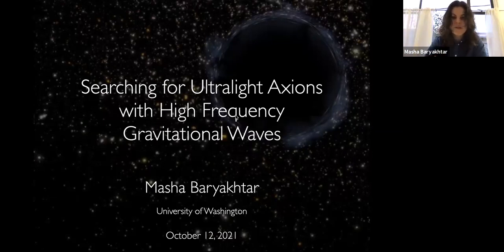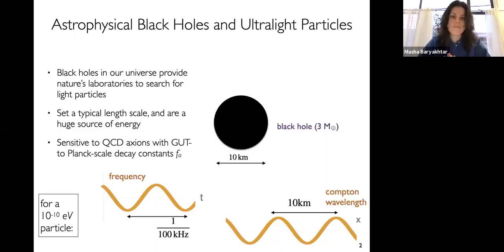So I'll tell you about searching for new beyond the standard model particles, in particular axions, using gravitational waves, and specifically high frequency gravitational waves. To start off, I just want to put all the scales in context, since we're switching gears from the morning sessions.